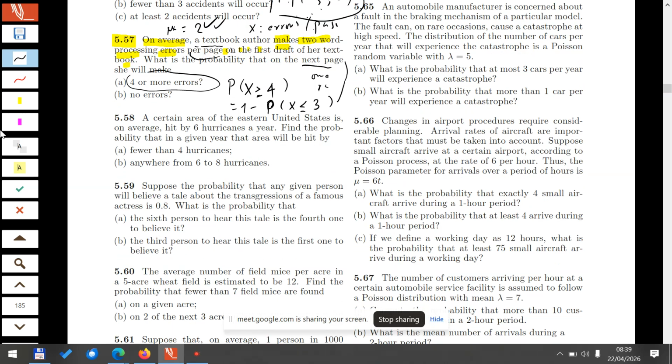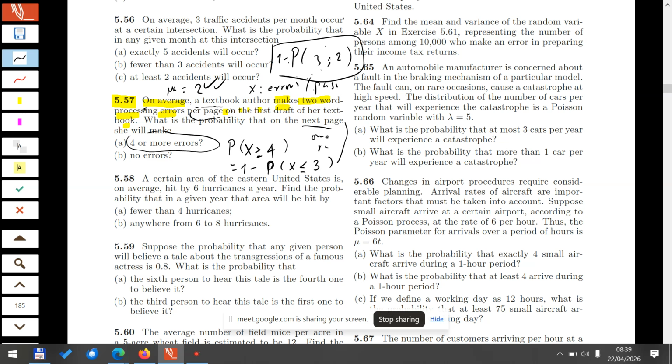Okay, let's do part B. What will be part B? P of x equals 0. So what do we do here? There are two ways.